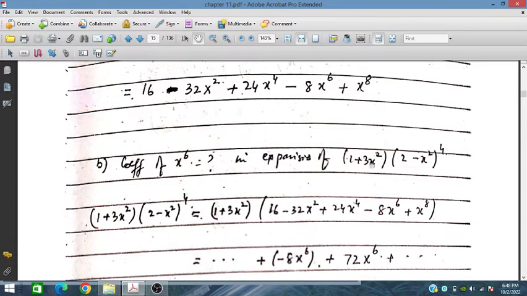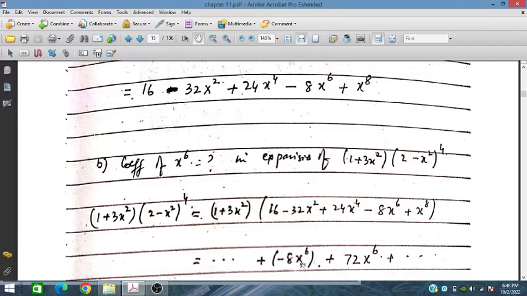Coefficient of x6 in the expansion of this. So we have to expand these things. We have this value, and we have to expand it by using the Pascal series. As a result of this Pascal series, which we obtained in part A, we will multiply with this one and find the coefficient. We will get x power 6 where this x multiplies with this one and this one multiplies with 1.